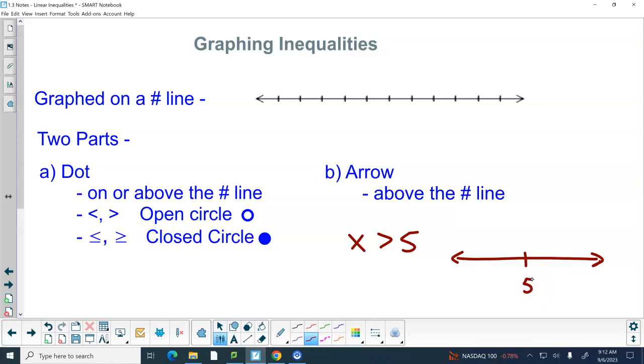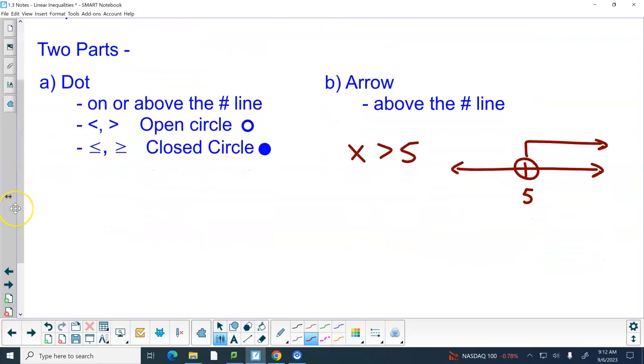I'm going to see an open dot around 5, and I'm going to see an arrow. We want numbers bigger than 5. Bigger numbers are to the left. That would be an acceptable graph. This would also be an acceptable graph.